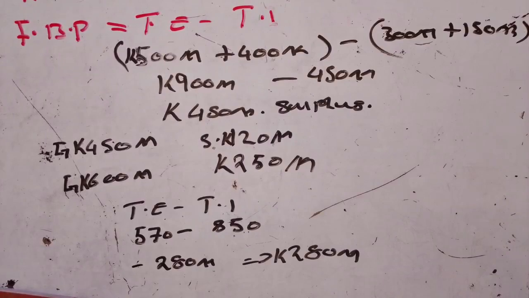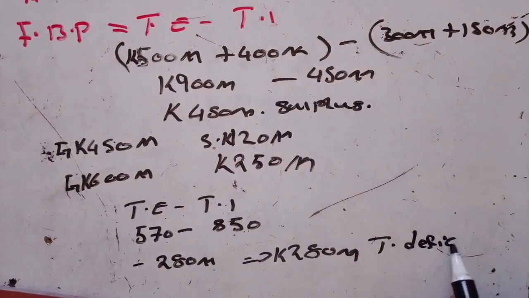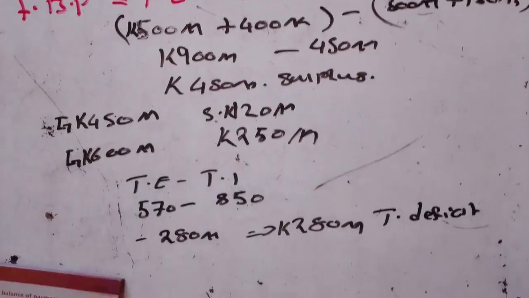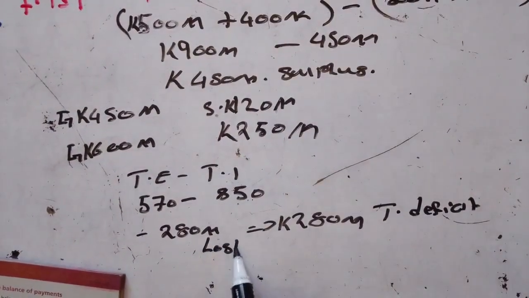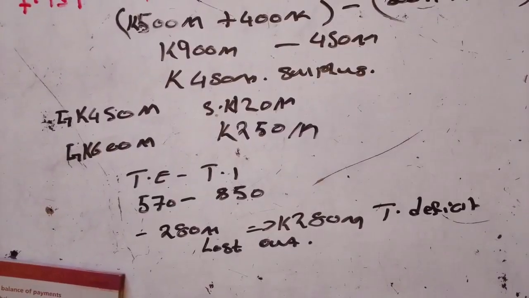So this negative figure will be regarded as a trade deficit. That is to say Zambia has lost out. So the balance of payment is unfavorable because we have a trade deficit, and we have said that Zambia has lost out.